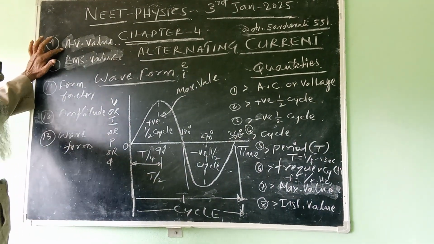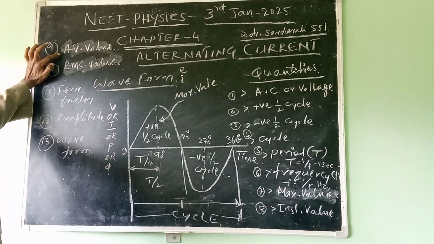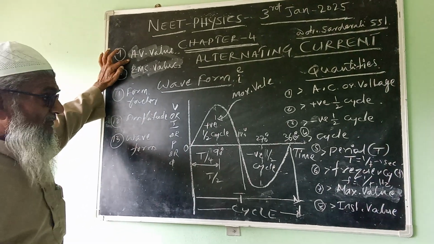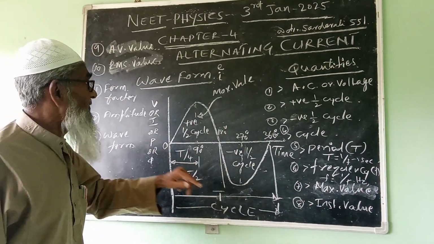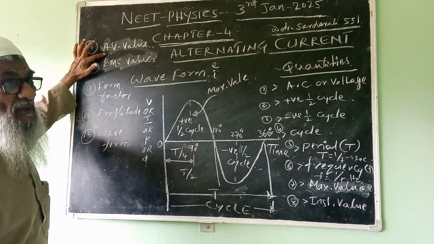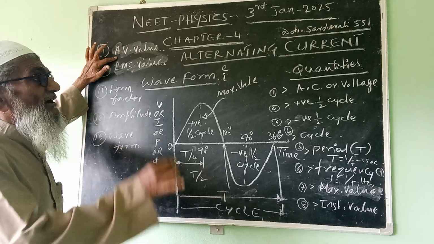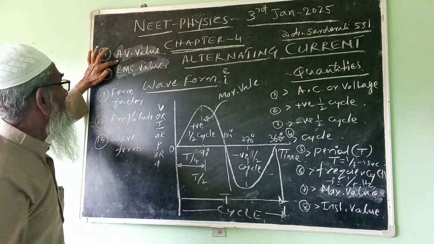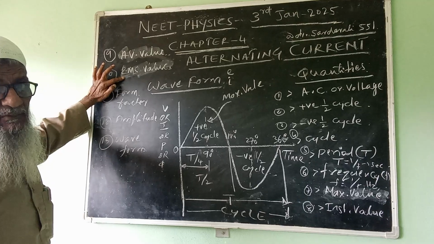Coming to the average value. The average value means it is the mean of something. That is, the mean of instantaneous values will be called the average value. Its definition and derivation, everything will be explained in the next lesson. And what about the RMS value?